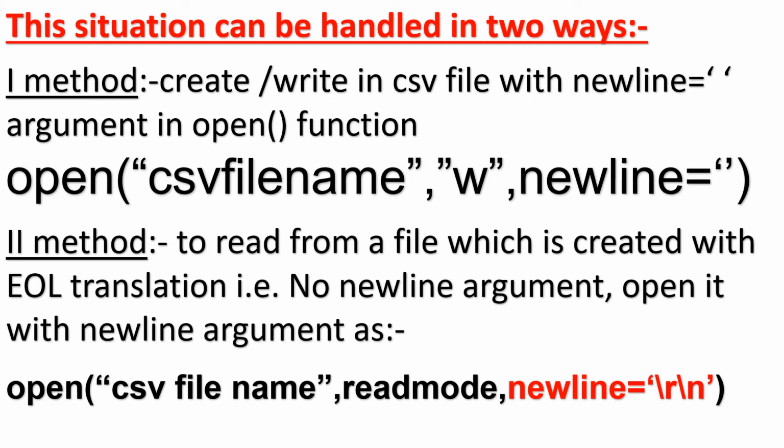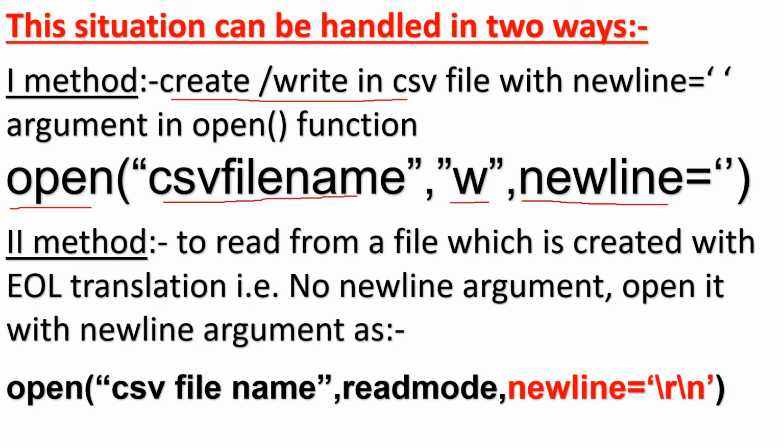This type of situation can be handled in two ways. First method is that you create or write the CSV file with a newline argument. There is an argument called newline which is passed in the open function. Normally you have used only two arguments in the open function: one is the file name and the second is the mode.